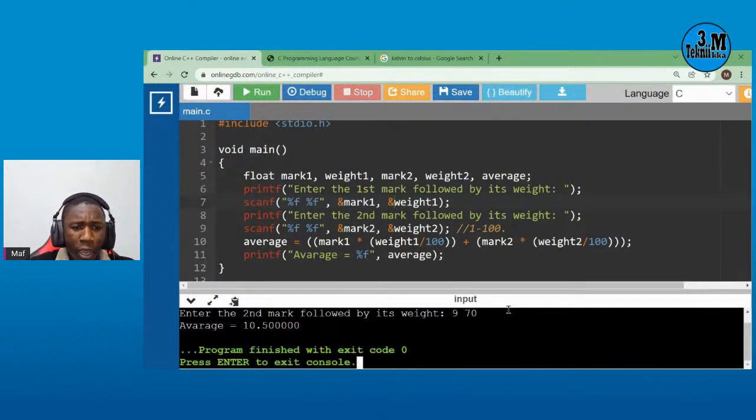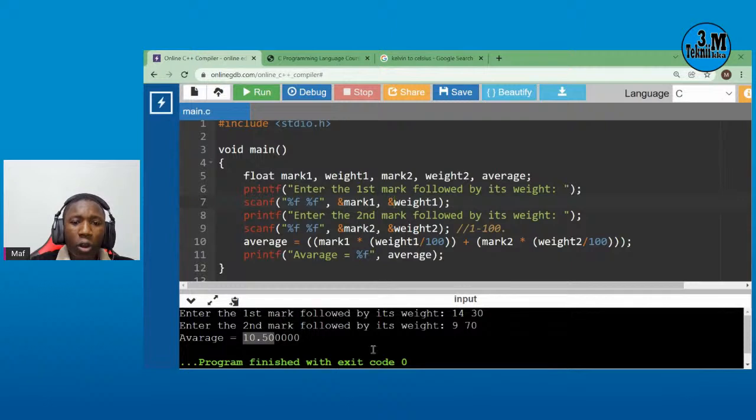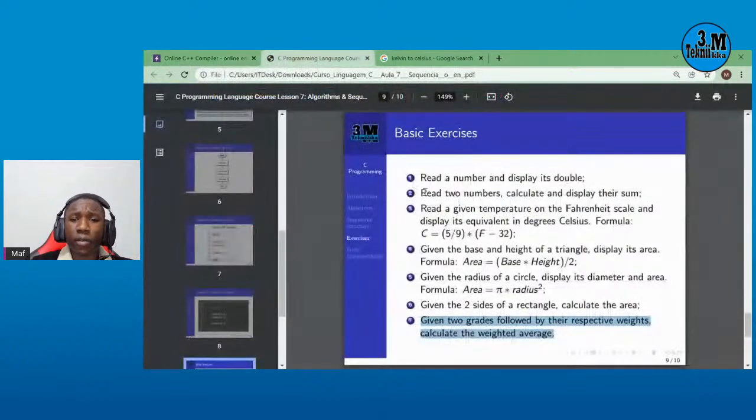So in this case, the final average is 10 and a half. Although the student had 14 in the first mark, the problem is the second mark, which is very low at 9, has a higher weight in comparison with the other. So we can stop here today.